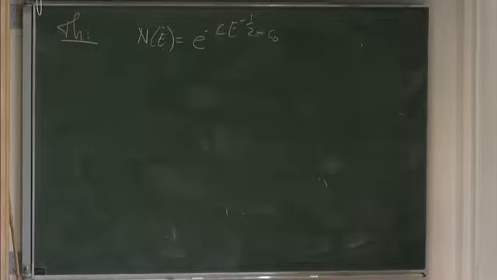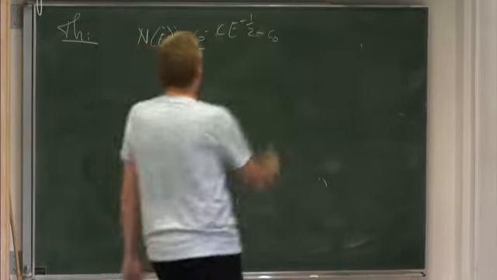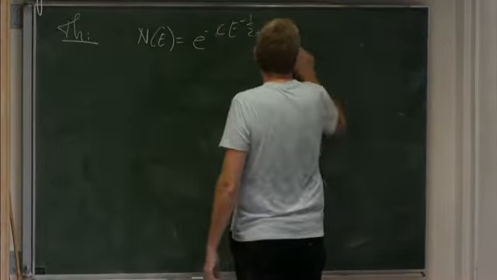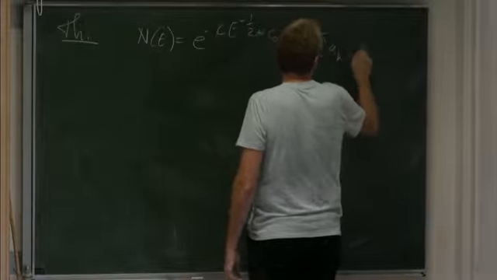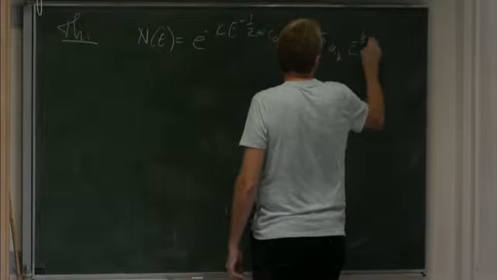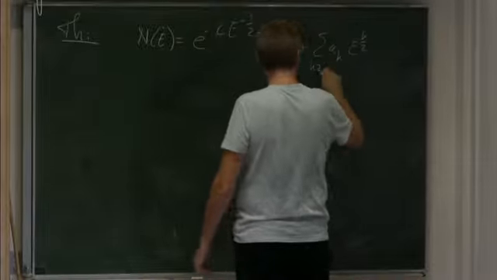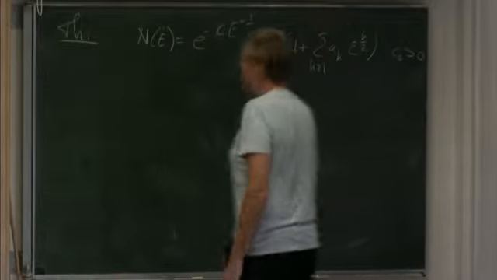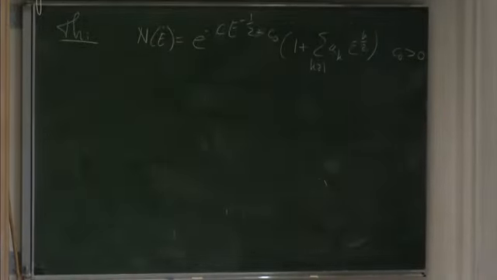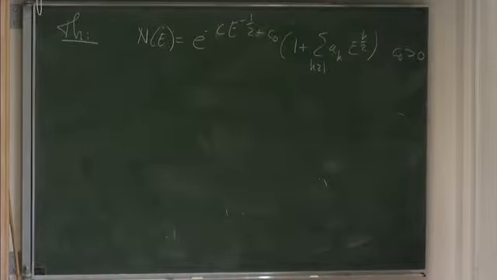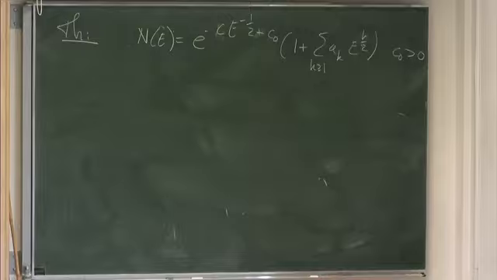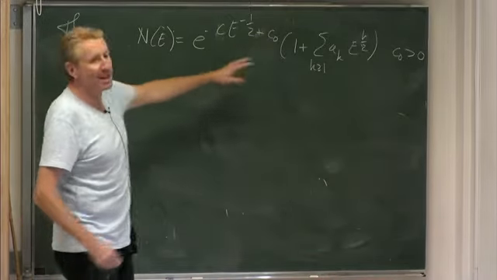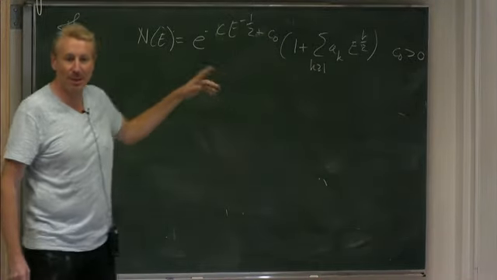Let me remember. No, it's positive. It's a plus C0 plus the sum of a_k E to the k over 2, k larger than 1, and C0 is a positive number. So for this thing, you have a complete asymptotic expansion at 0 for the density of states. So you have a much more precise idea of what the density of states is doing.